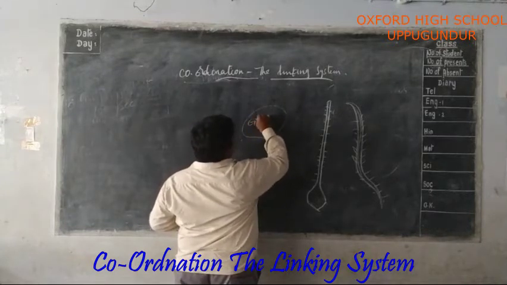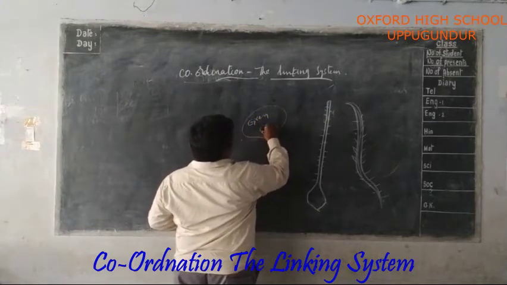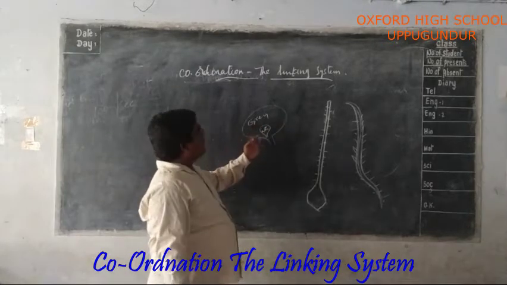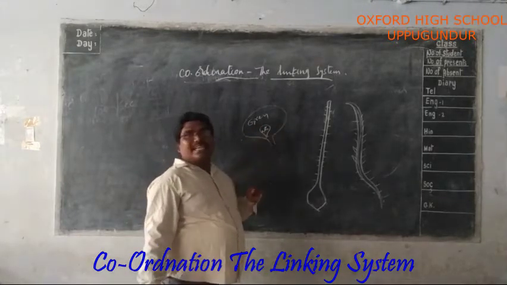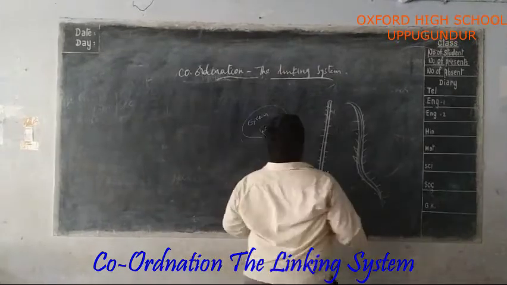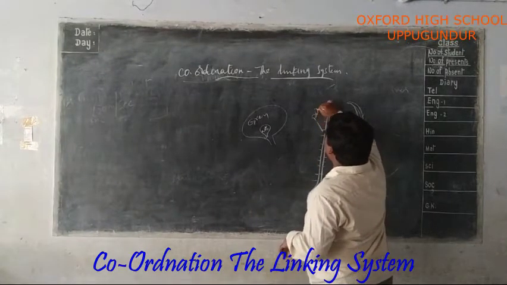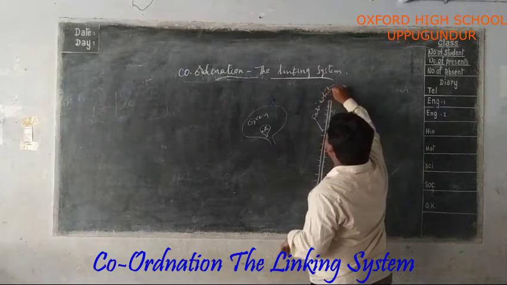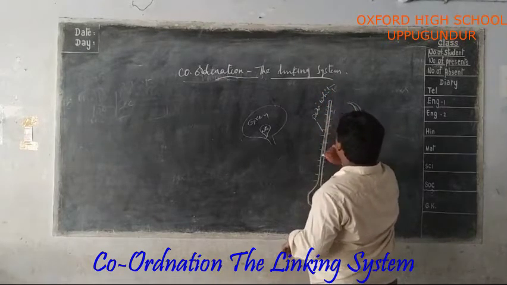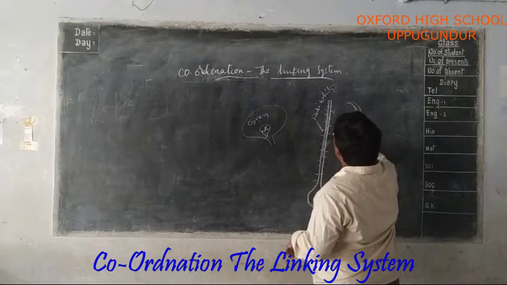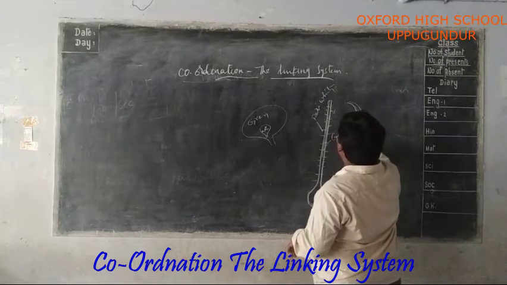In the brain, gray matter is present at the periphery side and white matter is present towards the center. Unlike the brain, here the white matter is present towards the periphery side, and at the center it is gray matter.